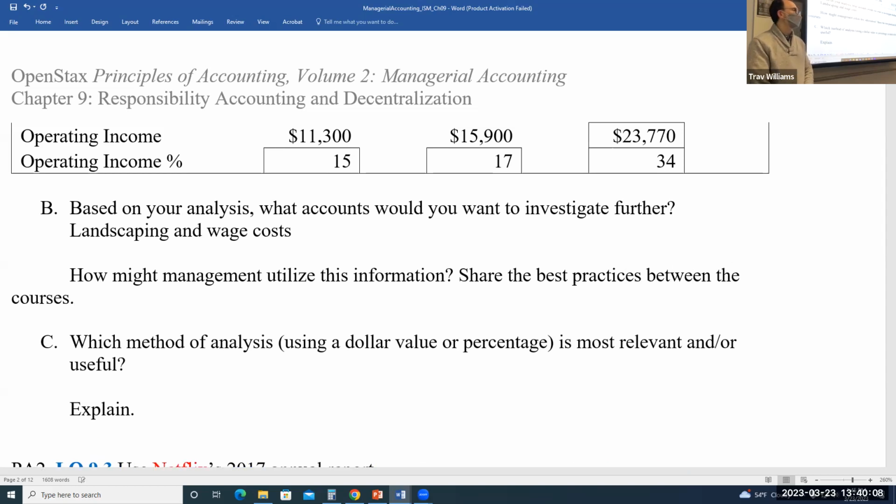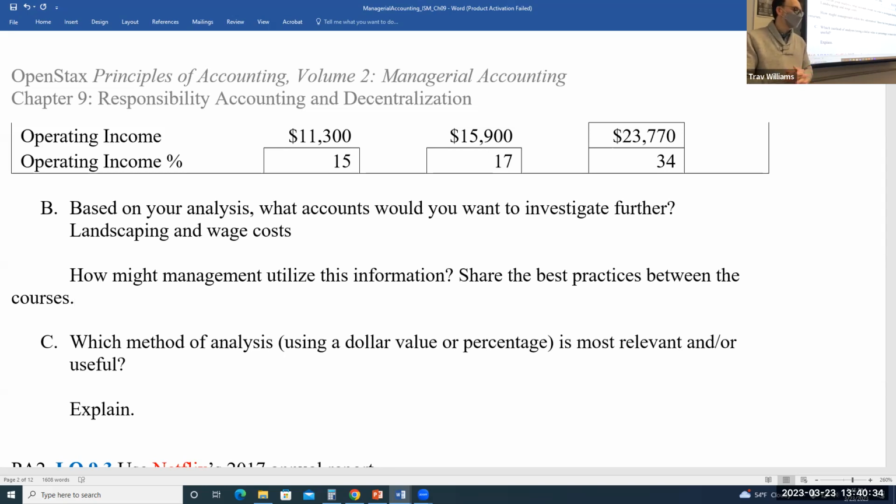Because that could go either way. Again, if it turns out course C is not doing things properly, then we're gonna make sure they're doing things the way course A and B do it. On the other hand, if course C is doing something better, we'll share that with A and B. But either way, we're sharing best practices across the courses.